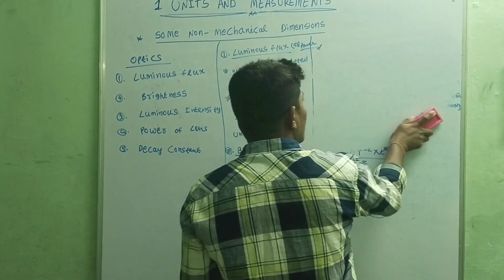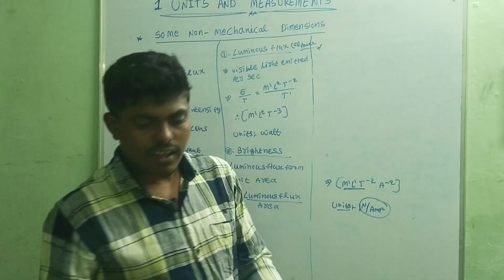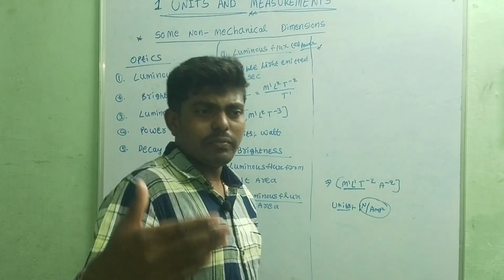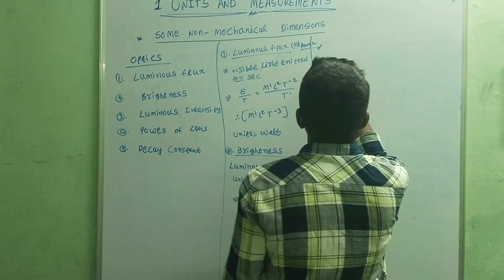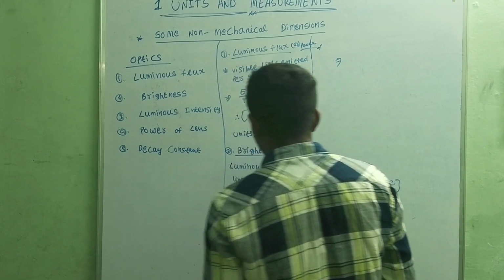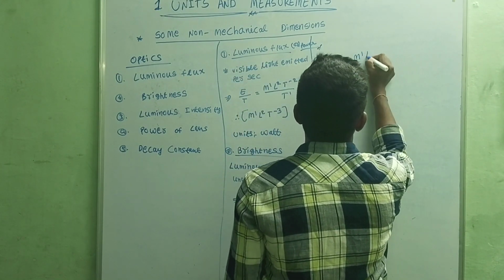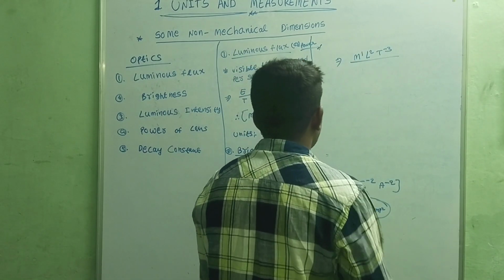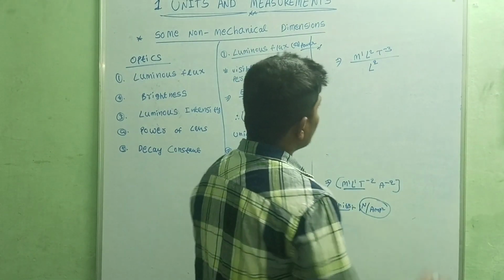The unit of area is meter square, that means L2. So the dimensions of brightness is M1 L2 T minus 3 by L2.